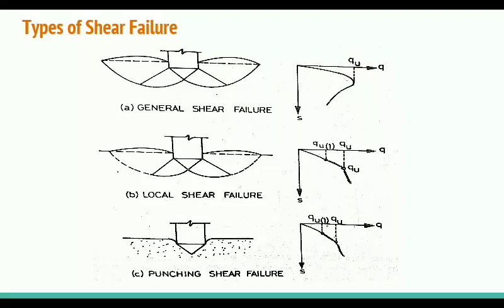In general shear failure there is a continuous line, but in local shear failure, from zone 2 it is a dotted curved line. This type of failure is called local shear failure. A heave is also observed in this case. The third one is punching shear failure.